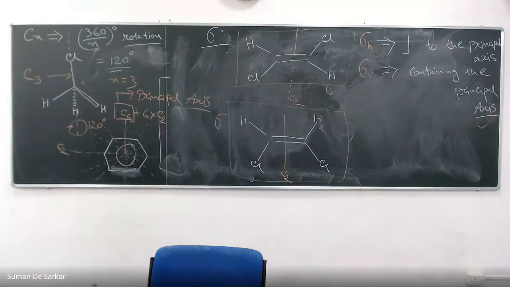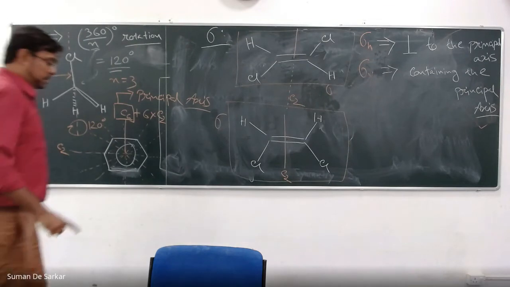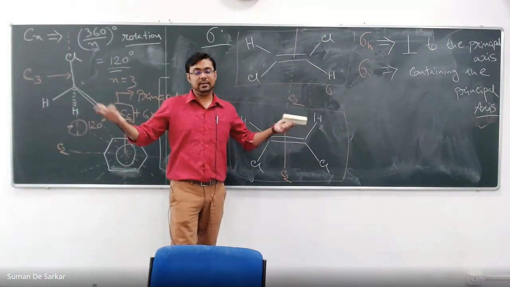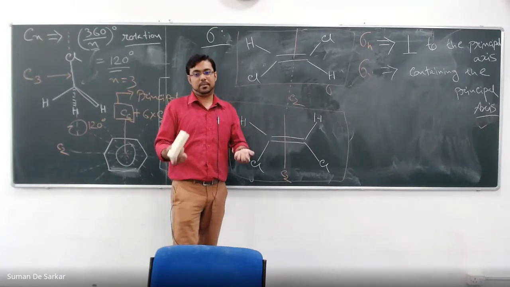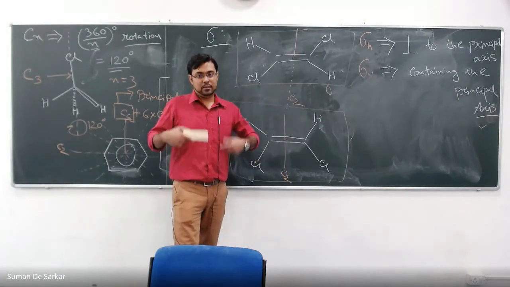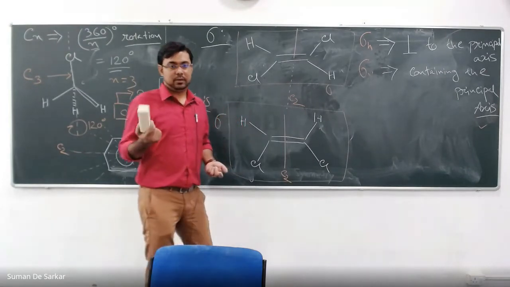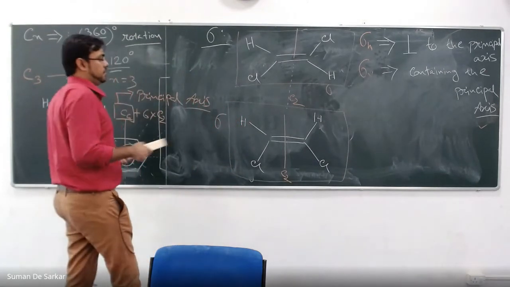But when the molecule has only one Cn, then it's a lonely king, so automatically that will be called principal. When there are multiple, only then do we have to judge by the n value. If it has only one, then that becomes the principal axis itself.